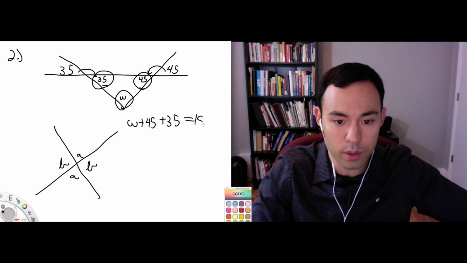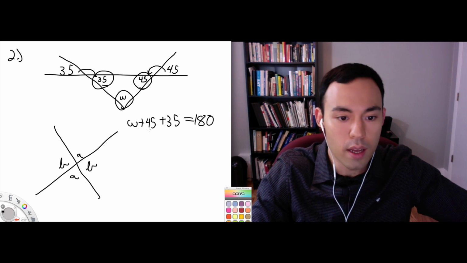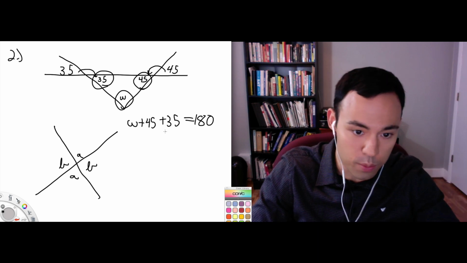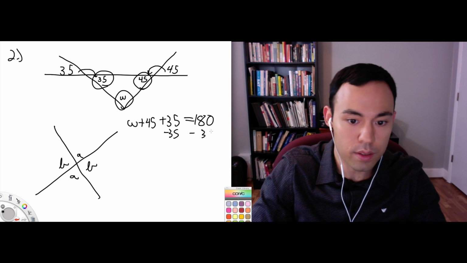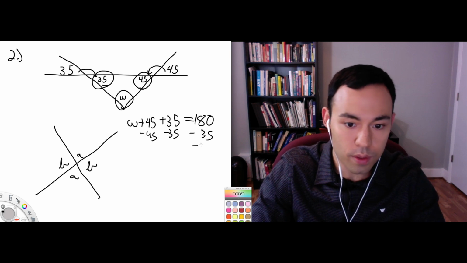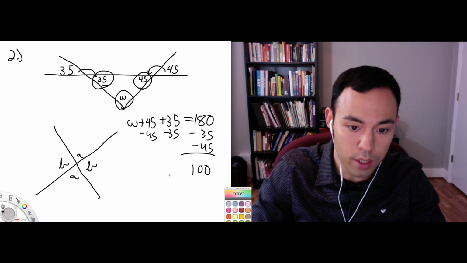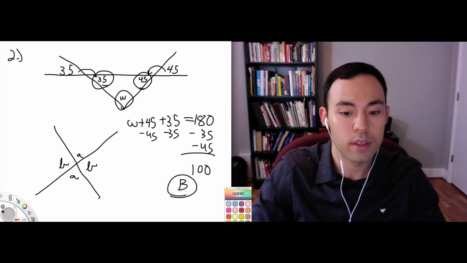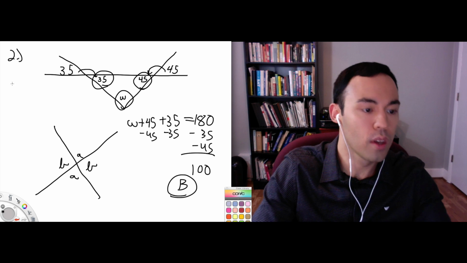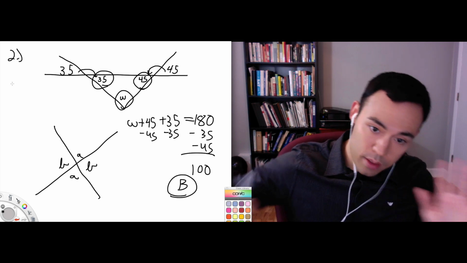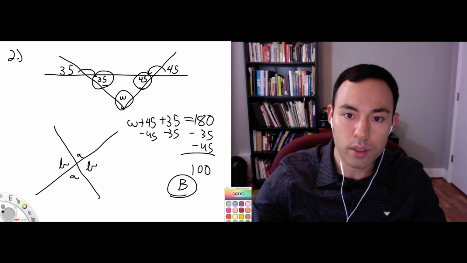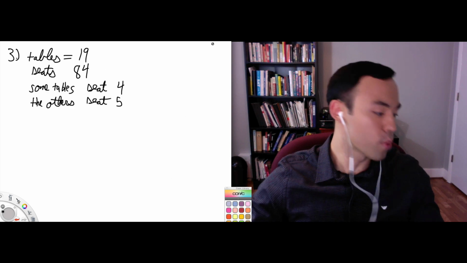And that's going to solve our question for us. Okay, so you can just subtract off each one of these, minus the 45, and then we're going to get 100 here, and that is answer choice B. So don't forget, the sum of the interior angles of a triangle add up to 180. That shows up quite a bit in these problems.